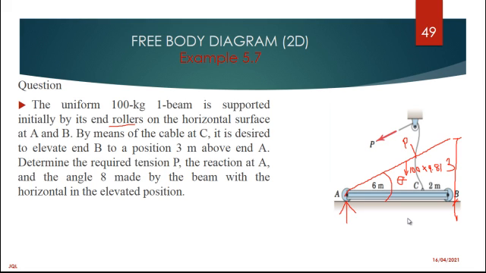You can call that force A. Then you have your P, and you have your 100 times 9.81. You apply the basic equations of equilibrium: summation of forces in the X, summation of forces in the Y. You'll be able to get the tension P.